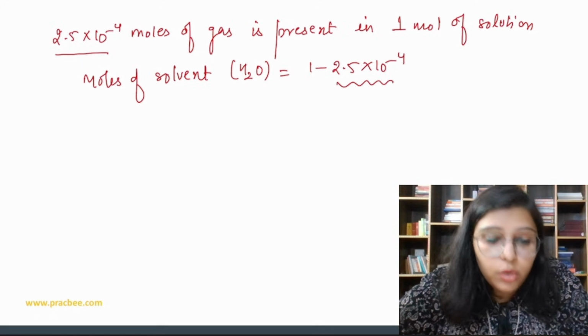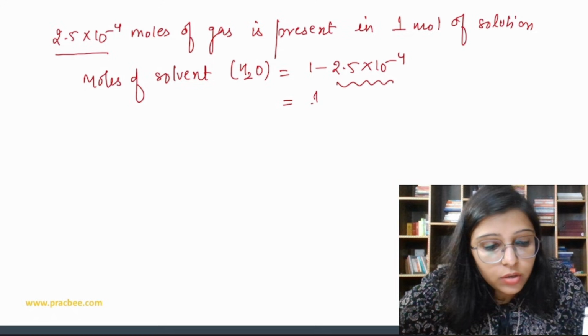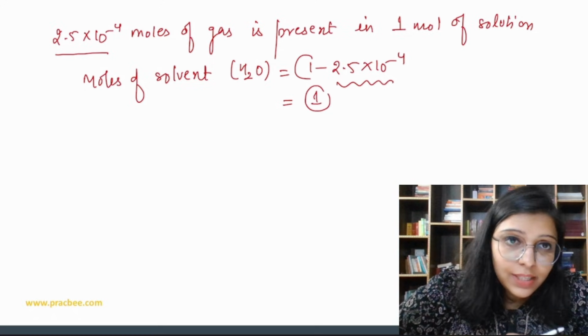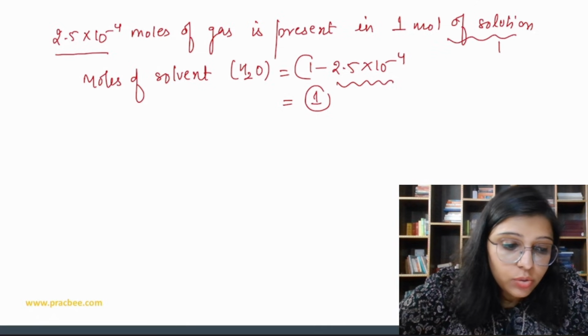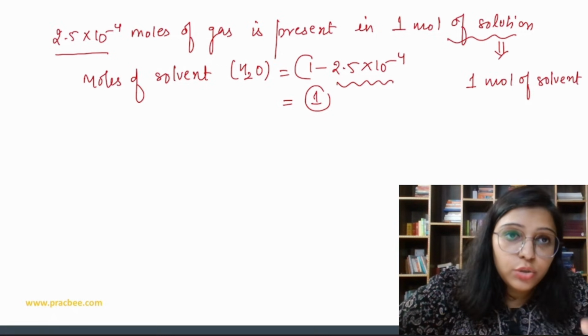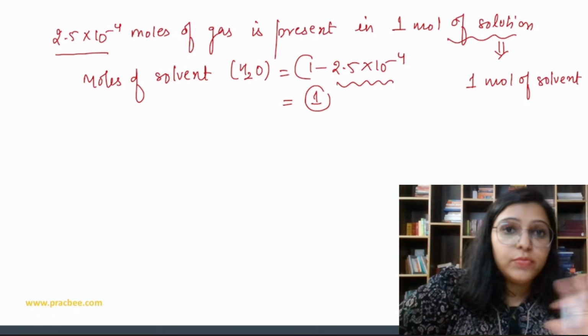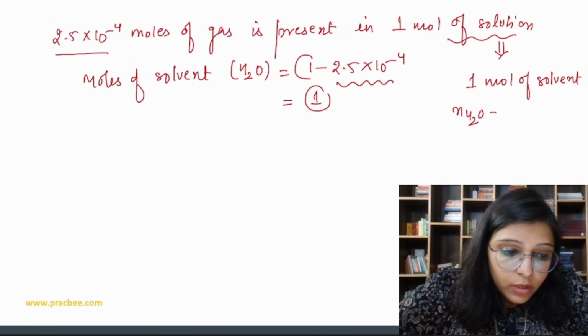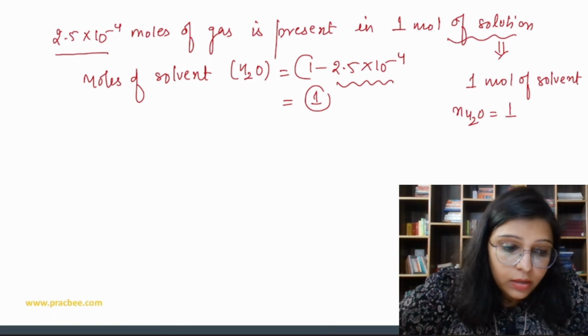We can ignore moles of solute, so we can say moles of water is also 1. Understood or not? So it means 1 mole of solution is 1 mole of solvent. It means solution mole is equal to the moles of solvent. Understood?